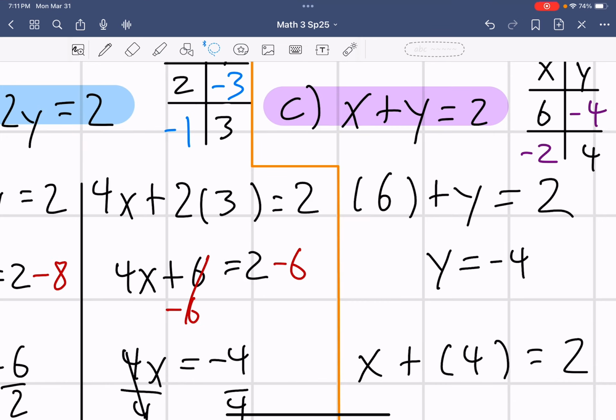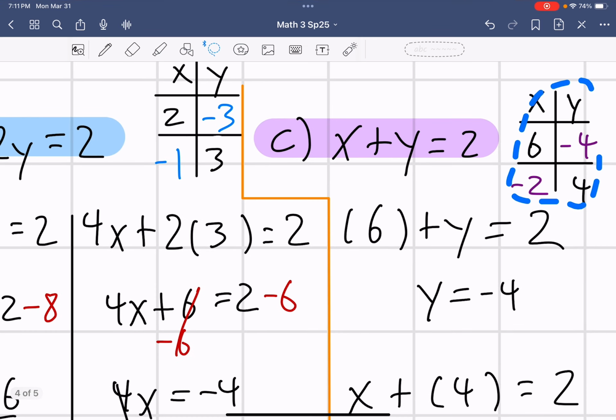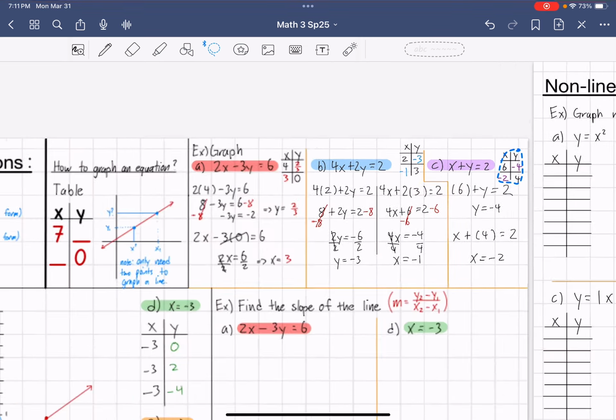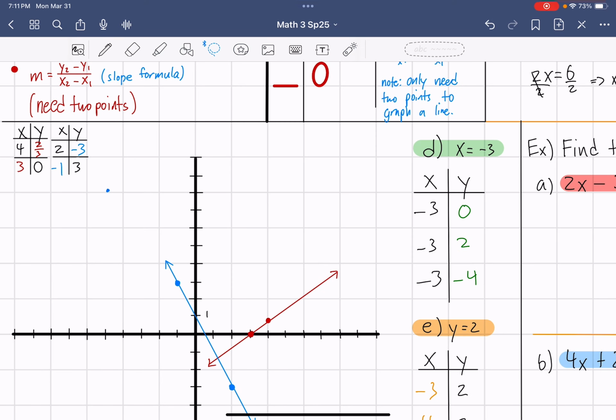Next would be this one. Copy. Paste. And I try to color code it so that we can keep track of all our points and the equations we're doing, all the examples. So the first one's going to go over to 6, but down to negative 4. That's a point here. So I went over 1, 2, 3, 4, 5, 6, and down 1, 2, 3, 4.